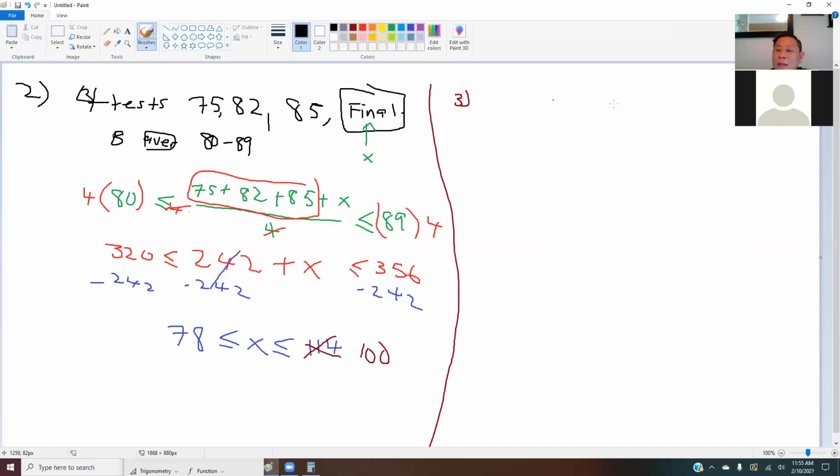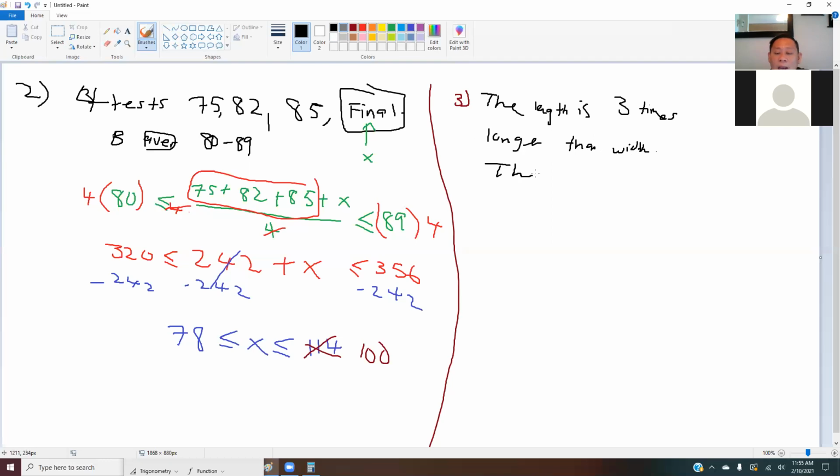And the third type is a rectangle, not triangle, a rectangle. So let's say that the length of the rectangle is 3 times longer than its width.